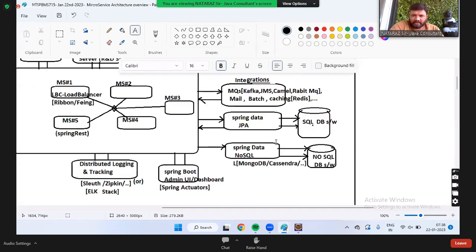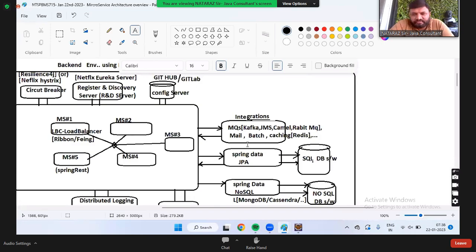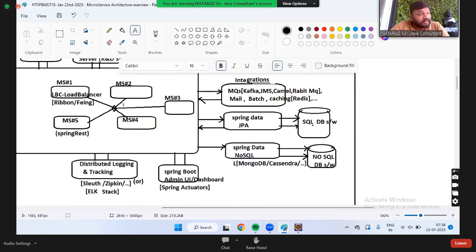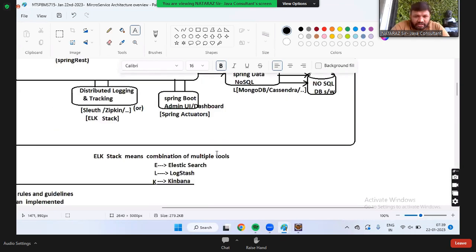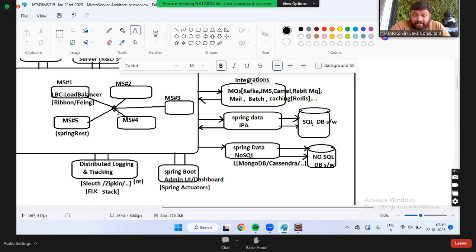Next one, boss. Now listen. All these microservices generally prefer Spring Data JPA to interact with the SQL database software. And similarly, all these microservices, Spring Boot REST applications, use Spring Data NoSQL.